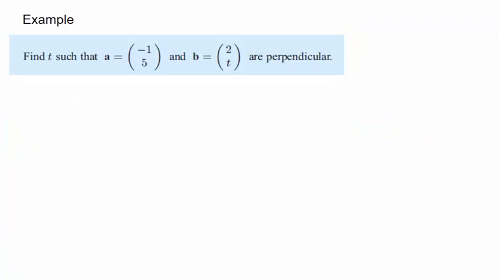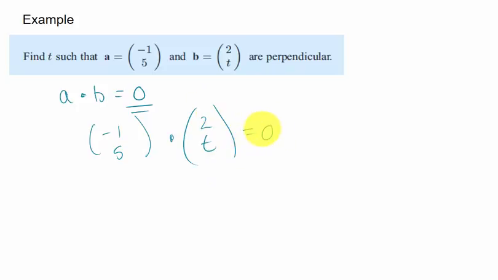So if I want to find out if two vectors are perpendicular with each other, what I'm trying to prove is that the dot product is equal to 0. So -1, 5, 2, t, and that the dot product is equal to 0.